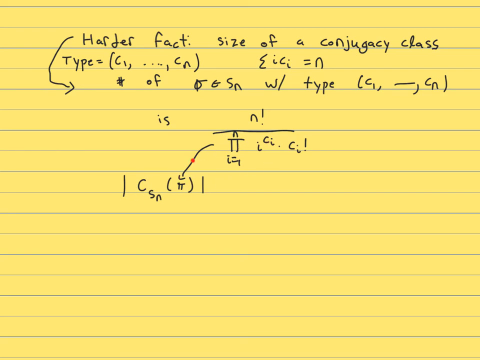The algebraic proof of this part is actually pretty hard, which is why I'm not going to do it. I'm more familiar with the combinatorial proof, which is actually similar to what I was alluding to. The idea is, on the previous thing, we were deleting parentheses. Instead, what you do is you take an arbitrary parenthesis-free permutation and you add parentheses. And that gives you a function from the symmetric group onto this conjugacy class.